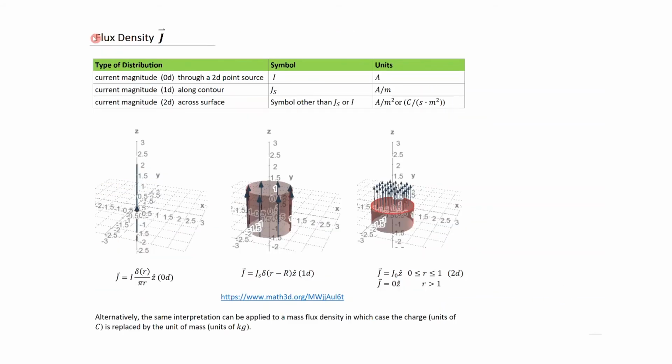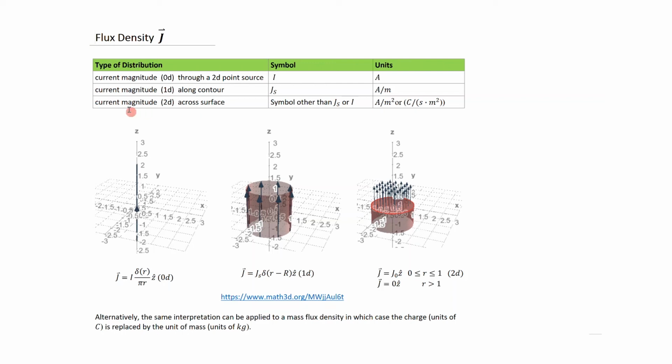All right, so now let's look at the flux density J and look at the different types of distributions that we could have. So we could have, for instance, a 0D type of problem, which is a current filament. If you were to take a trace, that would be equivalent to looking at a 2D point source. You could also have current flowing along a contour, in which case it would be a 1D type of problem.